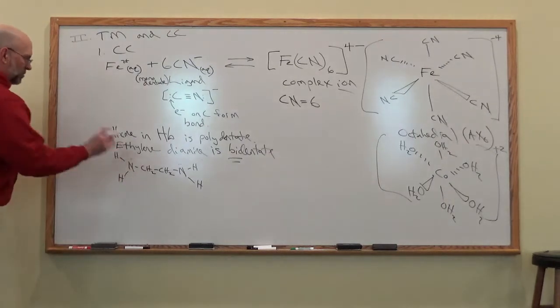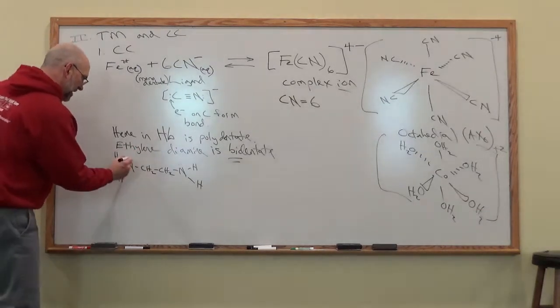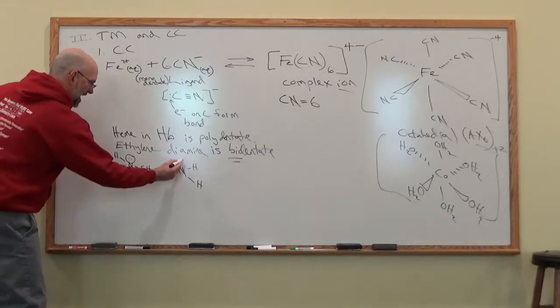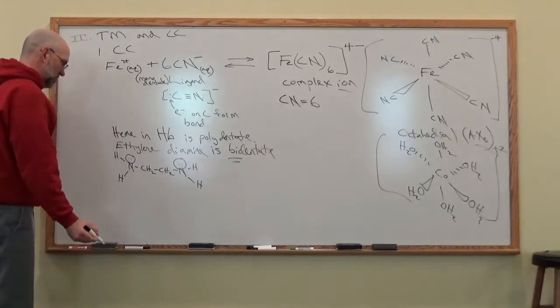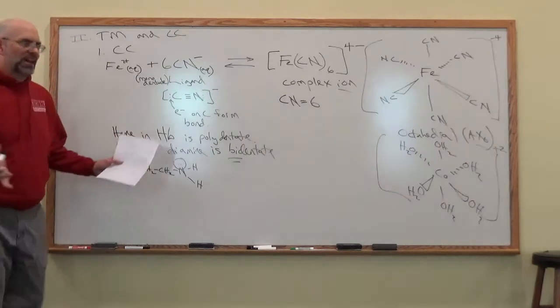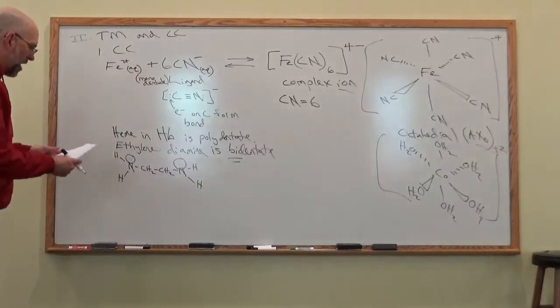Ethyl means 2 carbons. You'll learn about this in organic chemistry. So this is ethylene diamine, and it actually will bond to a transition metal here and here. So this is bidentate. So this will grab onto it twice. It's sort of like one nitrogen grabs on and another bends around and grabs it somewhere else.